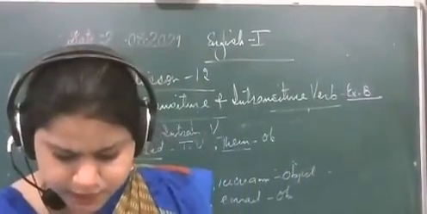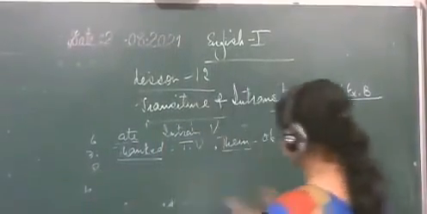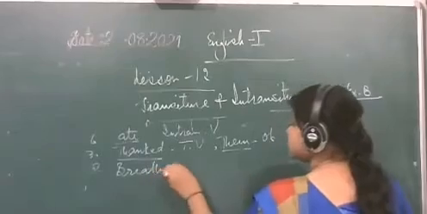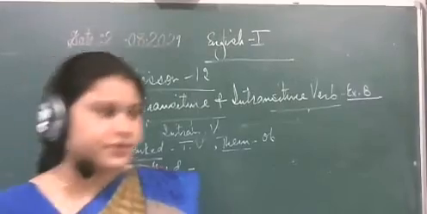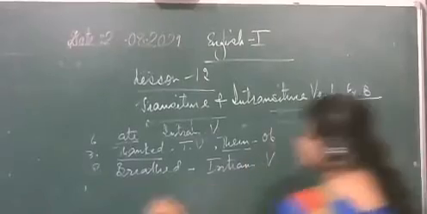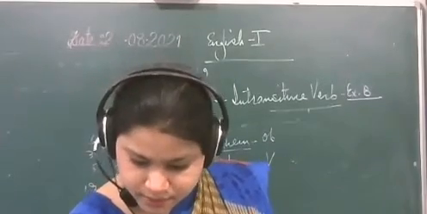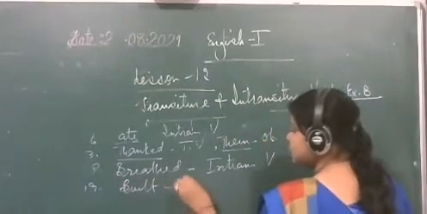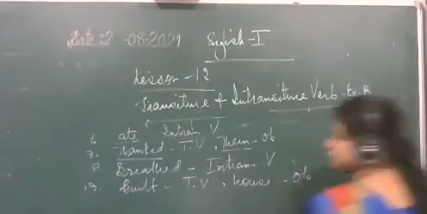Now eight: he breathed with great difficulty. Breathed is a type of intransitive verb. Now nine: they built a house near the sea. So built is a transitive verb and then house is the direct object.